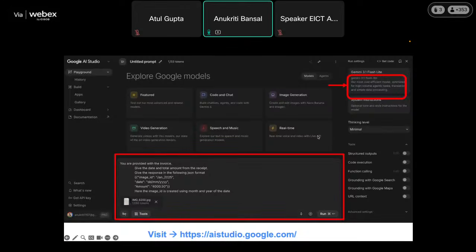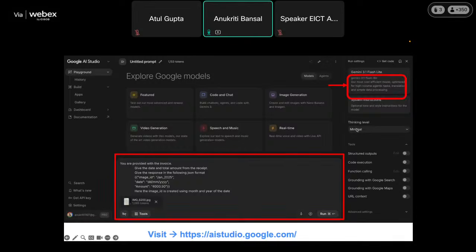By default it is minimal, because extra tokens will be used, and in simple applications I don't want that kind of thinking because it adds latency. It takes time to respond.